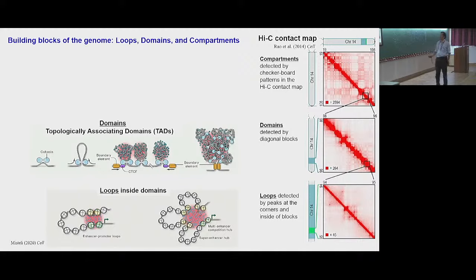Actually, CTCF binding is often found at this peak position. So this is a basic picture for the loops and domains.